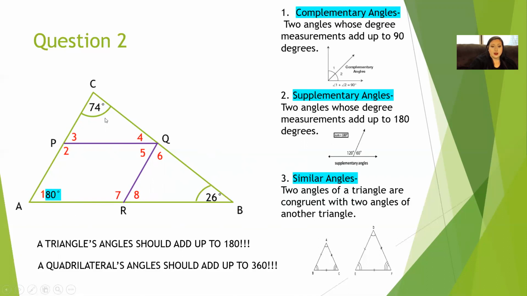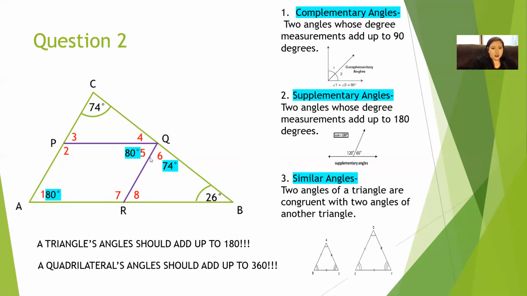If we add 74 plus 26 and subtract that from 180, we get 80. So the whole triangle is equal to 180 degrees. Knowing this, we will fill in angle 5, because we know that these are complementary angles.